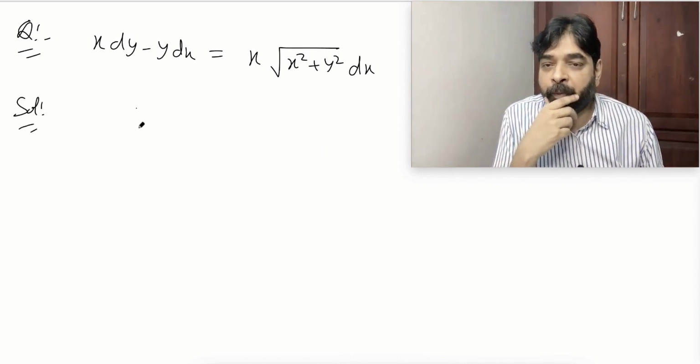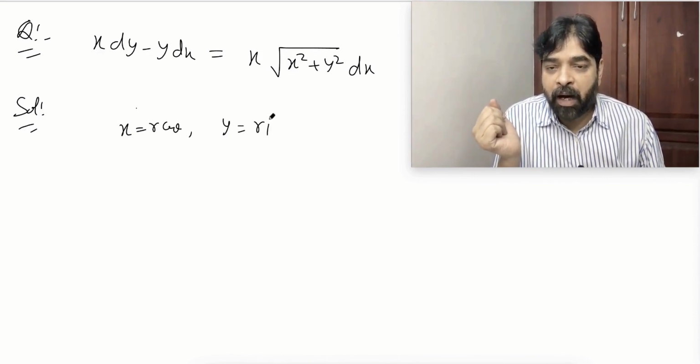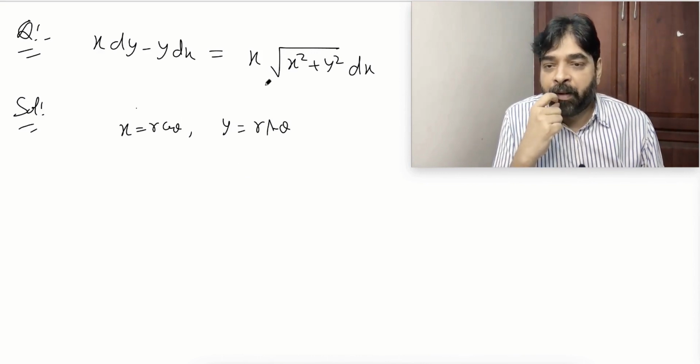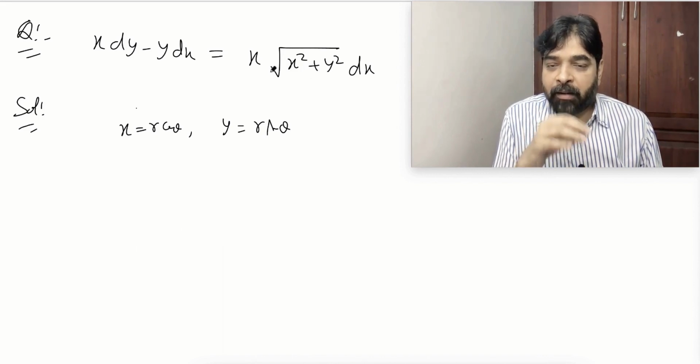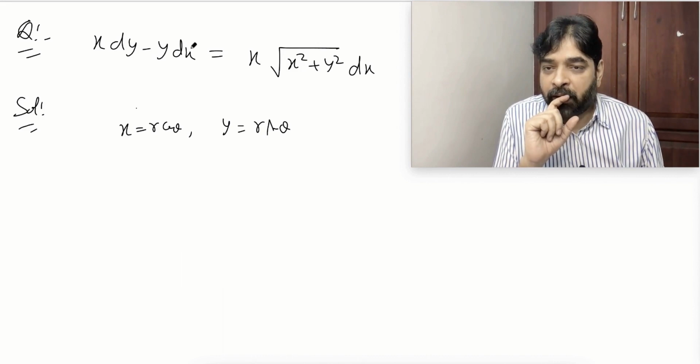I am going to put x equal to r cos theta, y equal to r sin theta. So this will become r square, so r, and this will become r cos theta. And this will become what?